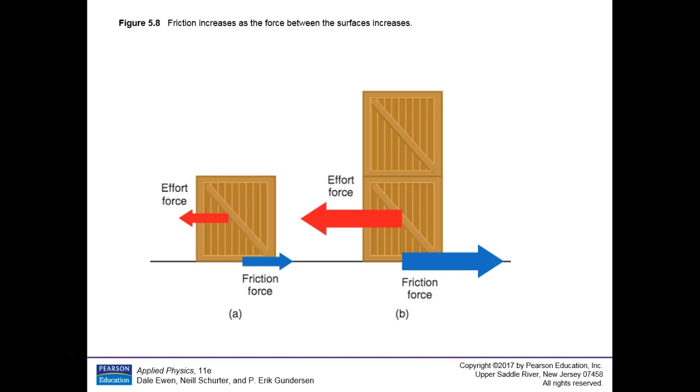The friction force is opposing me, always opposite. And if I can't move that, no matter how hard I push, I increase my force. If it still doesn't move, then it's just pushing back on me with a greater friction force. That's the trouble with friction. It varies, and this is what we call static friction.